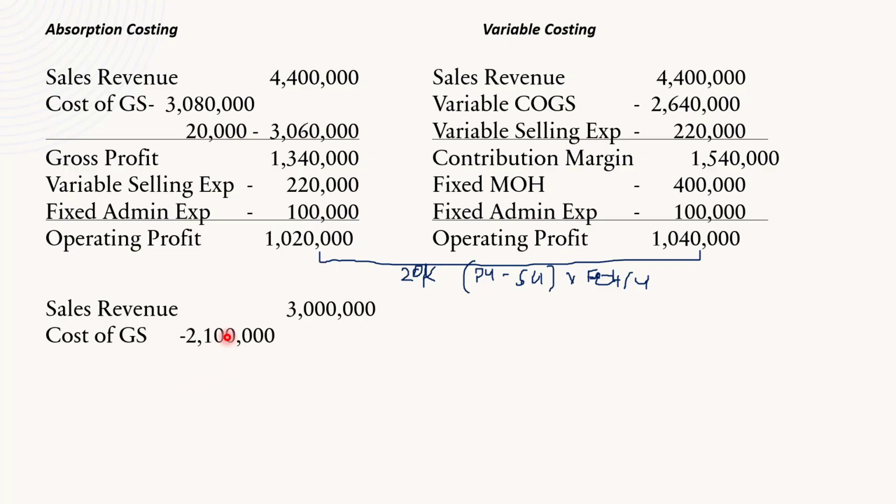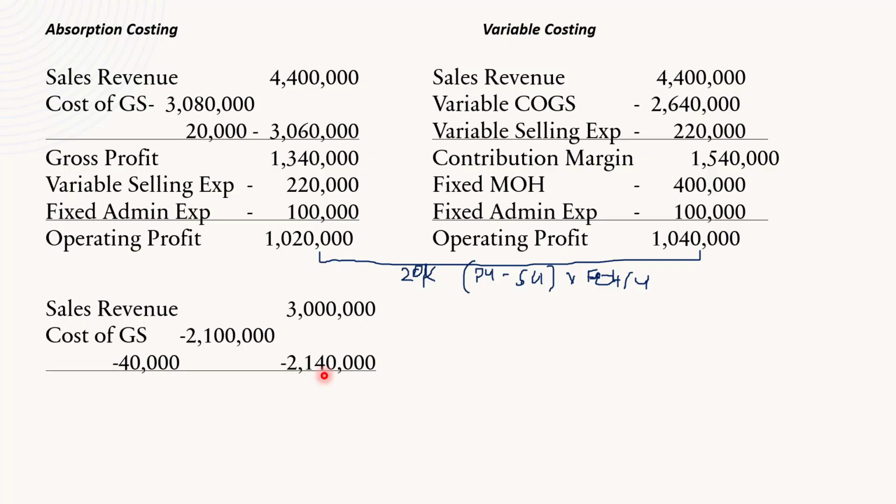Unadjusted is 2.1 million. But because we under-applied by 40K, we're going to add 40K to the cost of goods sold. Under-applied, no? Ibig sabihin kulang ng 40K yung pag-apply ng fixed overhead, dadagdagan natin ngayon. So the adjusted cost of goods sold is 2,140,000.